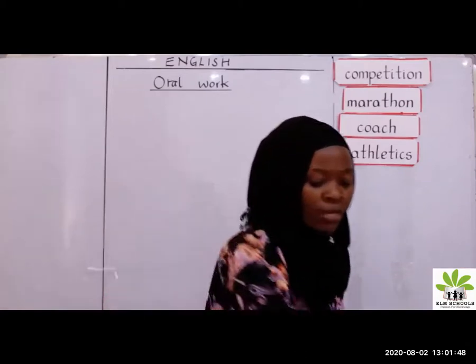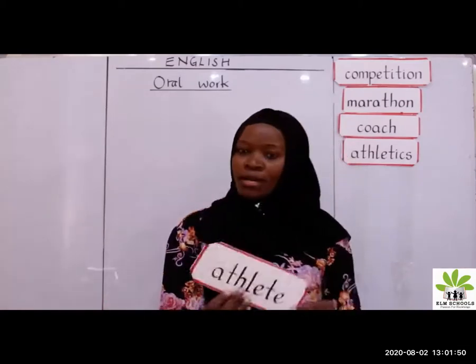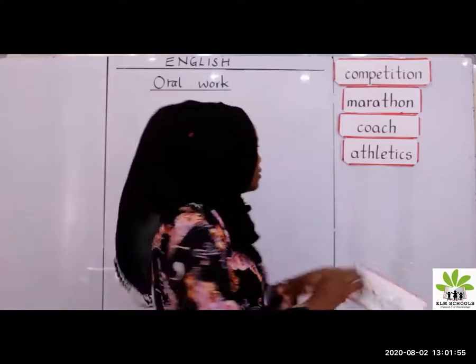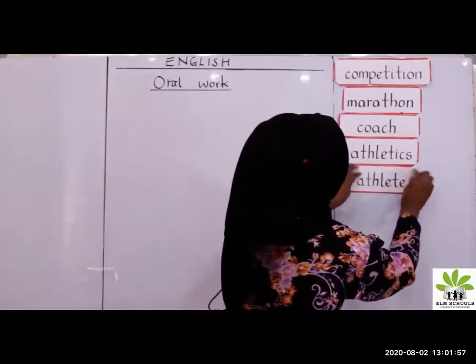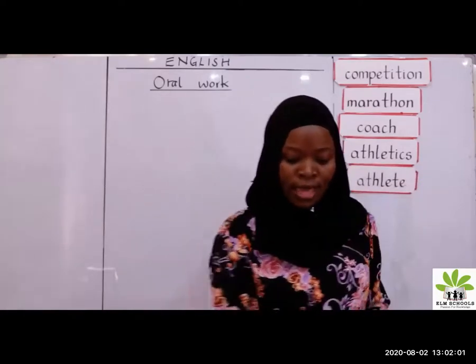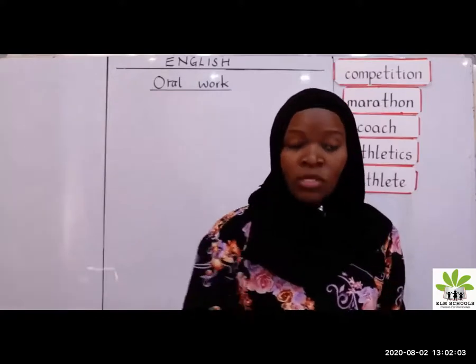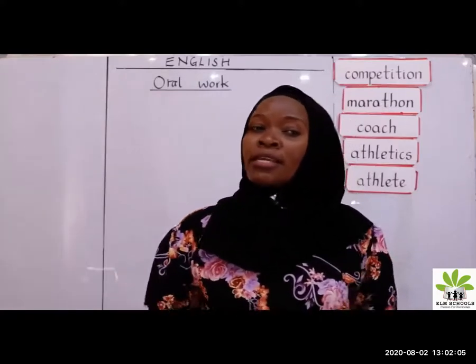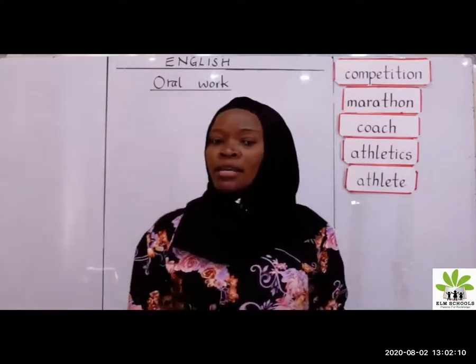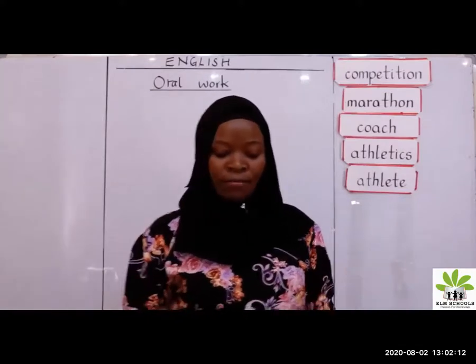Now, that one takes us to the next word, which is the word athlete. Now, class, who is an athlete? An athlete is a person who participates in any kind of sport. A person who takes part in any kind of sports activity.